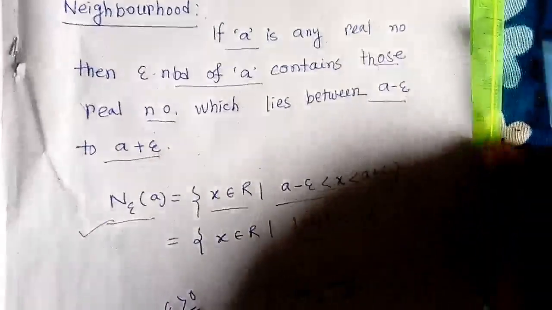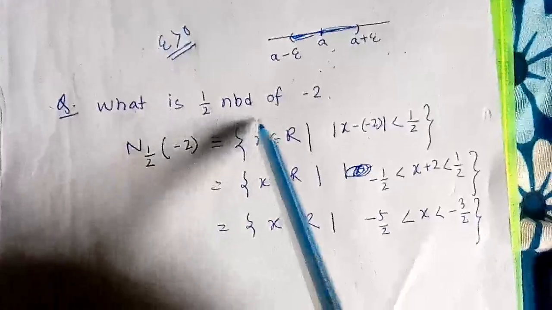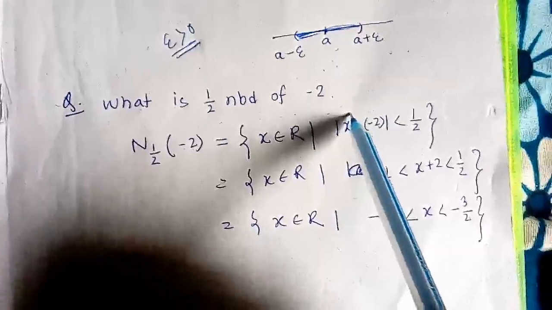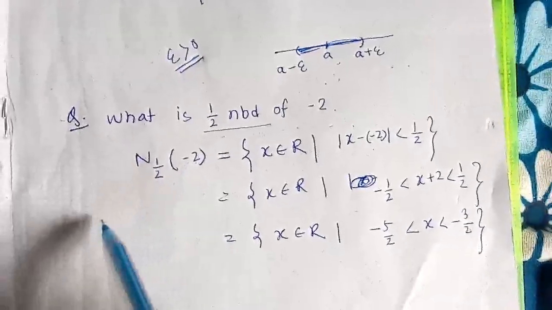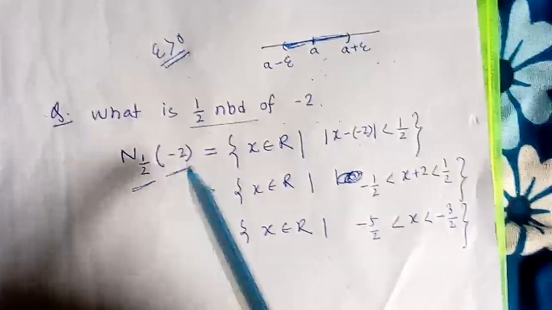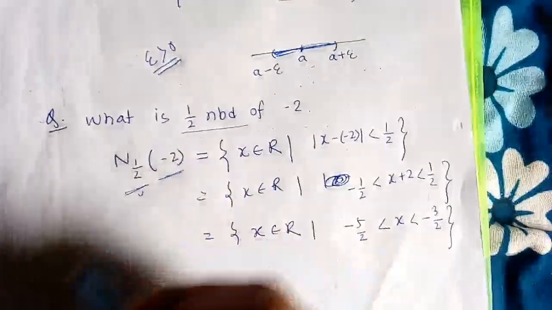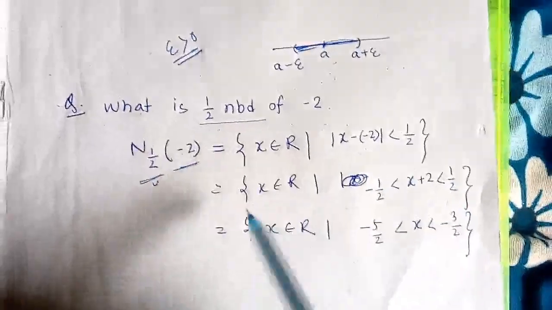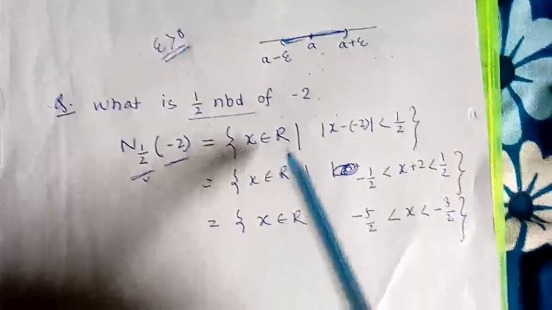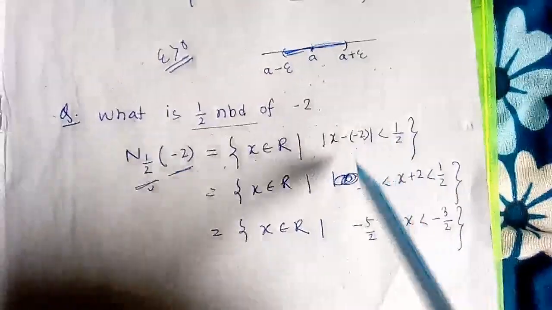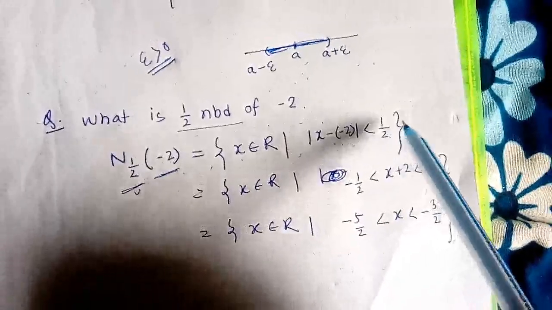Consider an example: what is the half neighborhood of minus 2? Here we consider epsilon equal to half and A equal to minus 2. Then N half of minus 2 is x belongs to R such that mod of x minus of minus 2 is less than half.